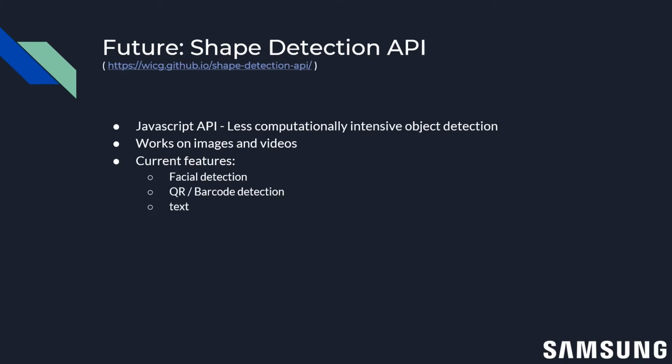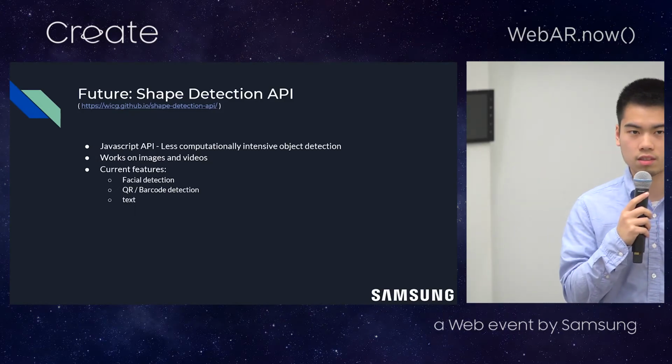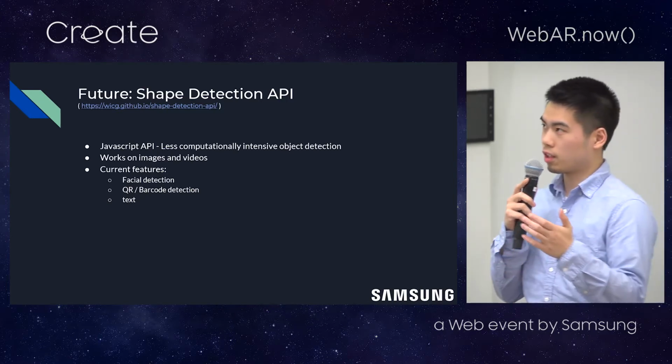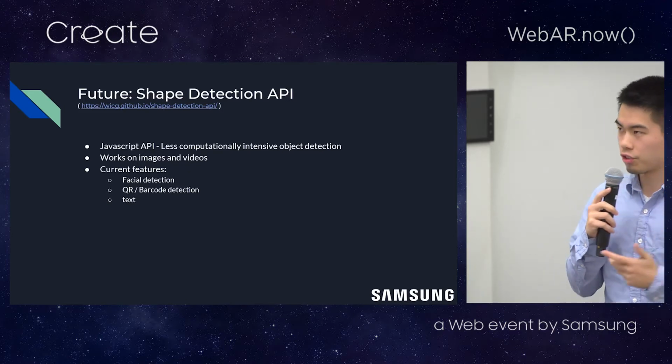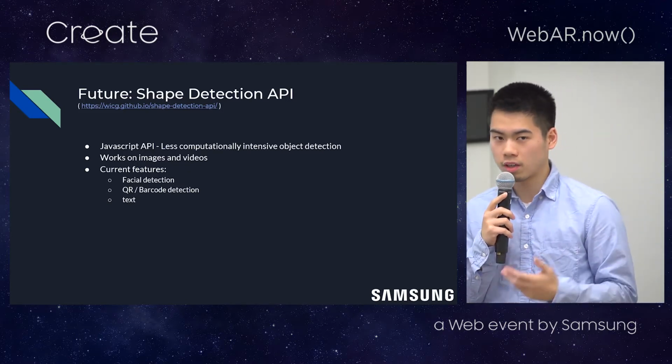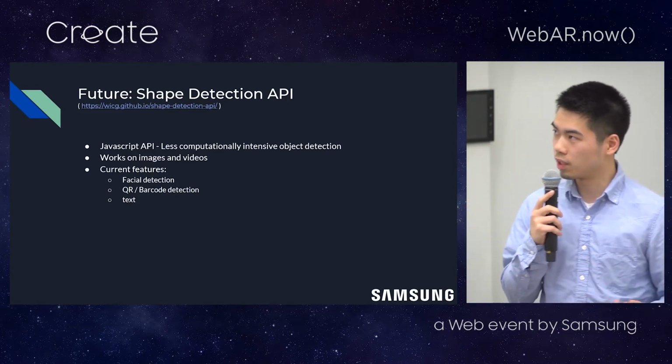So I'll talk briefly about some future APIs that are being worked on right now. So one of them is the shape detection API. Currently, with the libraries that I talked about in the previous slide, the computation to detect these objects is pretty intensive. So a couple of Google engineers are working on this API to make facial tracking, QR markers, and text a lot easier on the web.